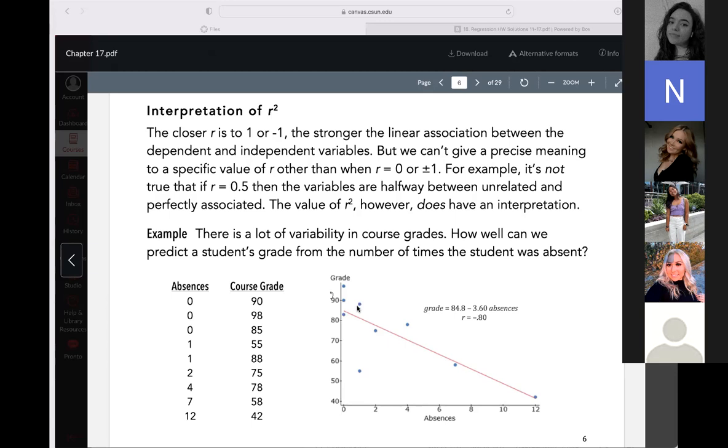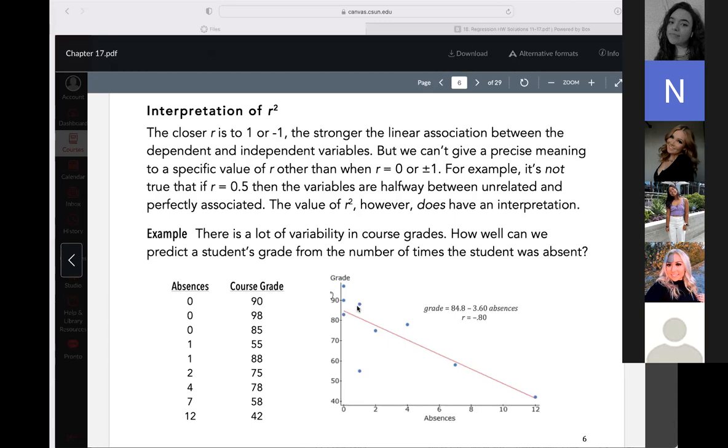If R is negative 0.8, what's the R squared value for this example? 0.64. Which as a percent is what? 64%. So 64% of the reason why the grades change is due to absences, and 36% of the reason why the grades change is because of everything that we're not focusing on.